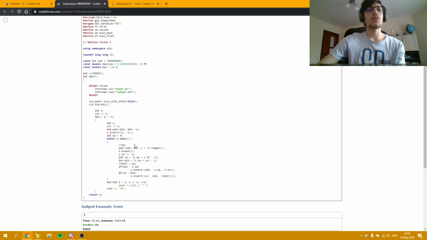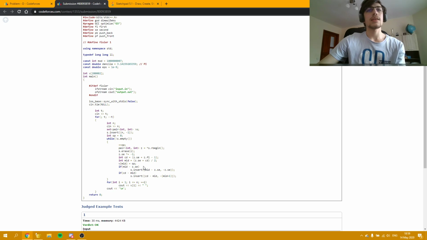Now we are going to take the longest interval with the leftmost starting point and erase it from the set. In order to get the real starting point, we multiply by minus 1. In this line, I find the rightmost point of the interval and then the midpoint of the interval, and assign the value according to the number of operations we have already done.